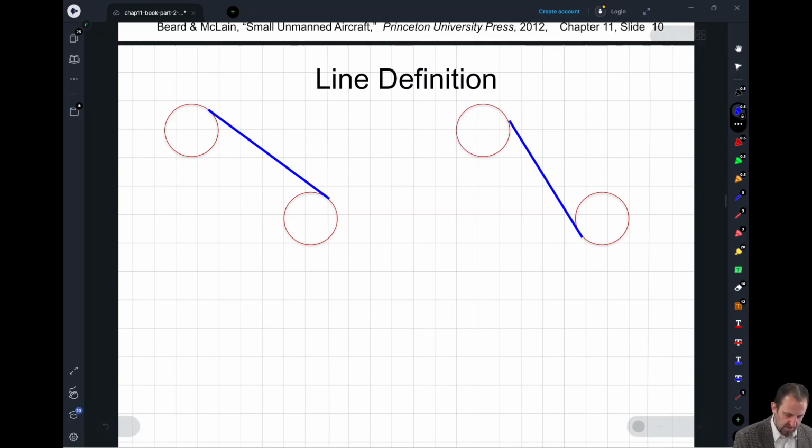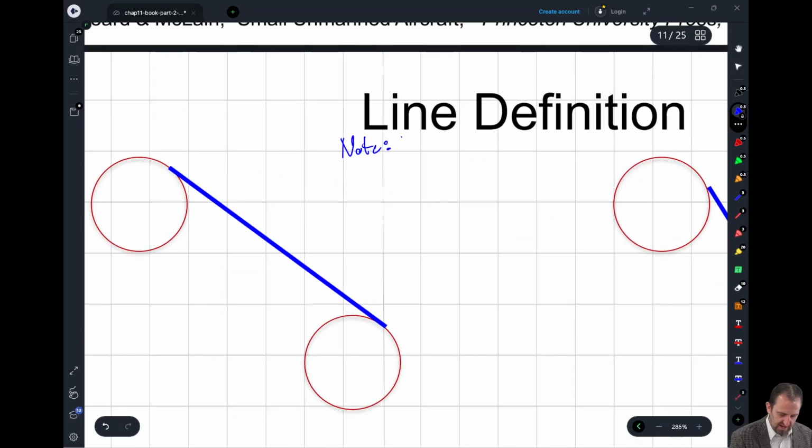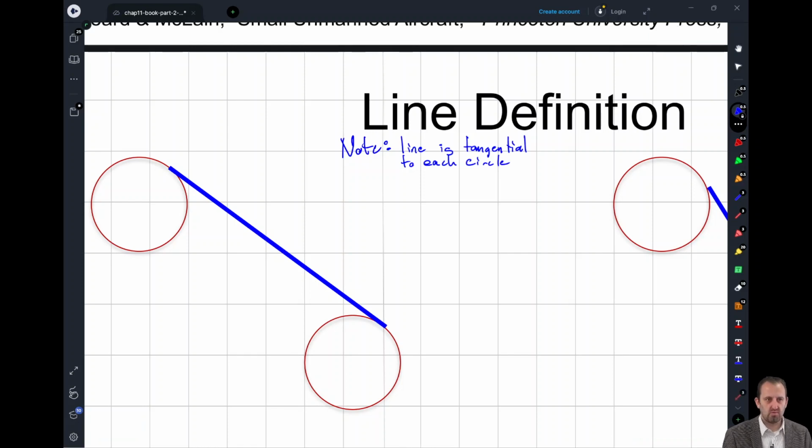The one thing we need to note is that the line that we draw is tangential to each one of the circles. That helps us have this continuous path. We can just transition straight from a straight line to rotation, or rotation directly to a straight line. This is very helpful, and this helps us define all of our geometry.